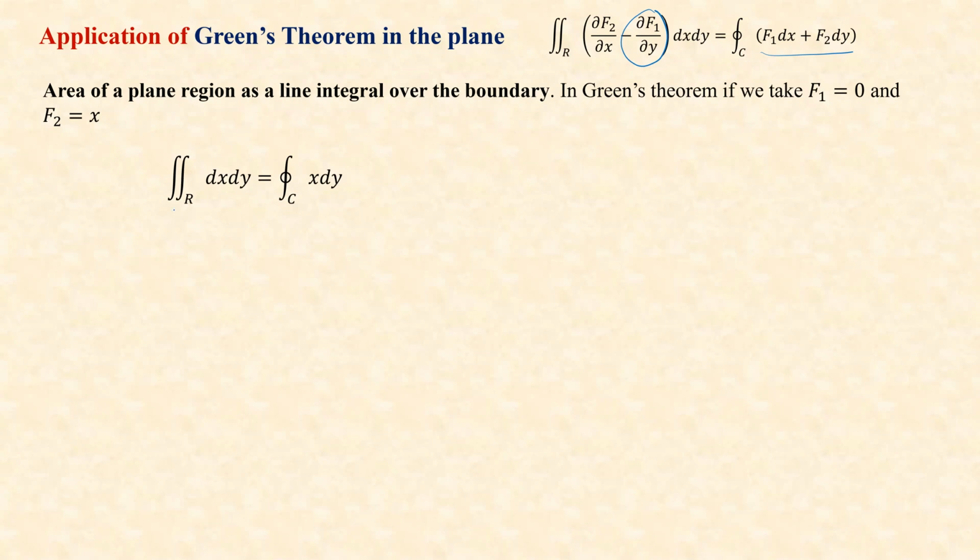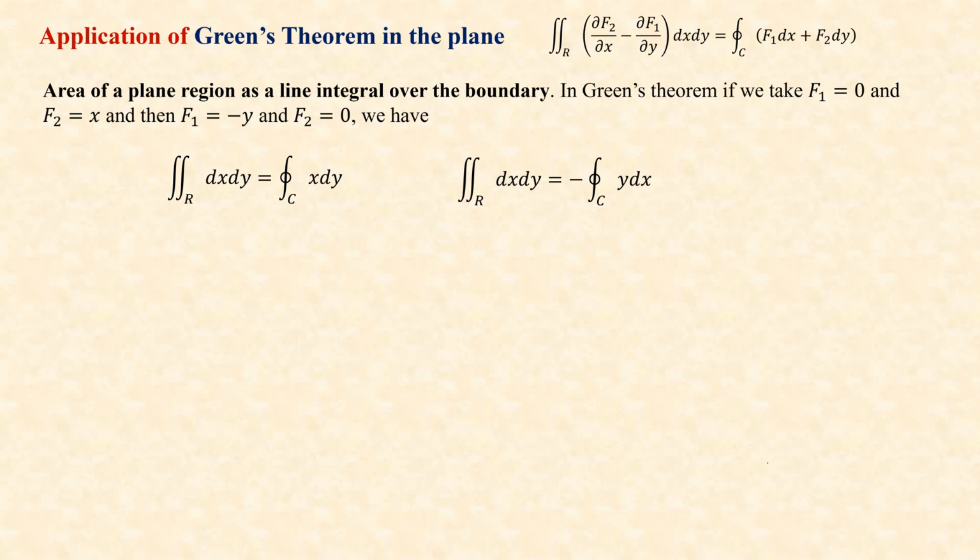So the integral on the left side becomes just the double integral over the region R of dx dy, that is, the double integral of dA over R, which becomes the area of the region R. On the other hand, if you take F1 to be negative y and F2 to be 0, then again you get the area on one side, and on the other side the negative integral of y dx over the boundary.